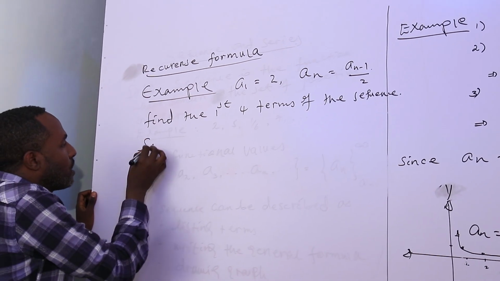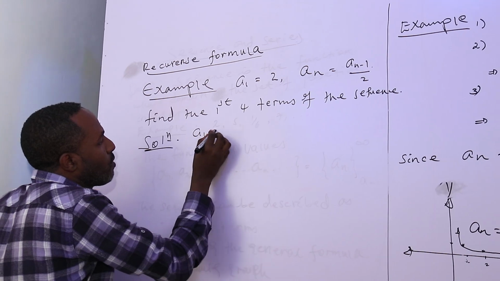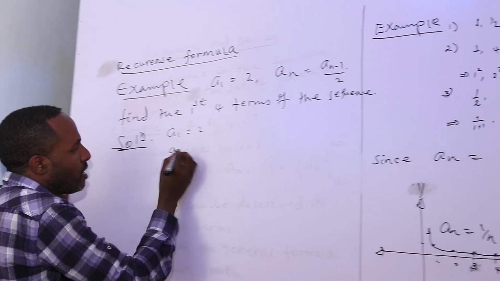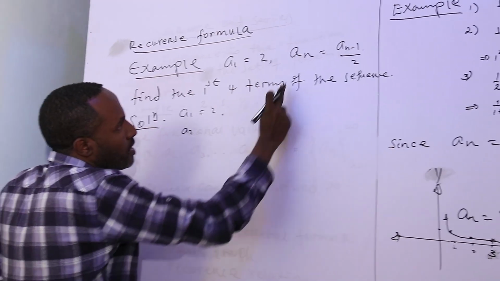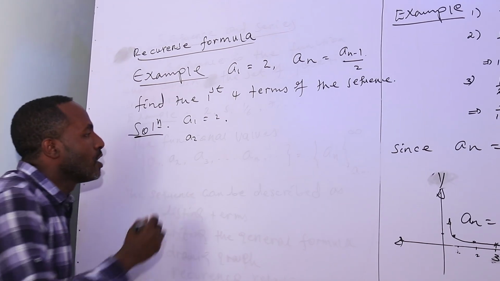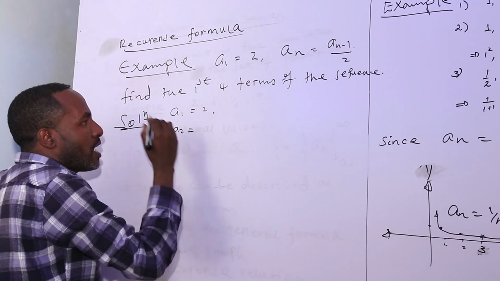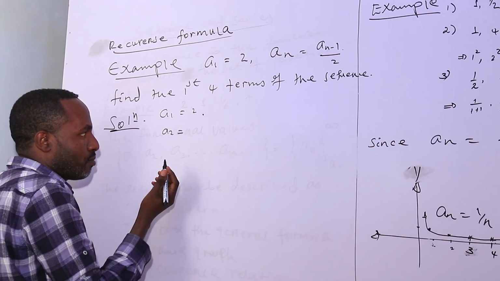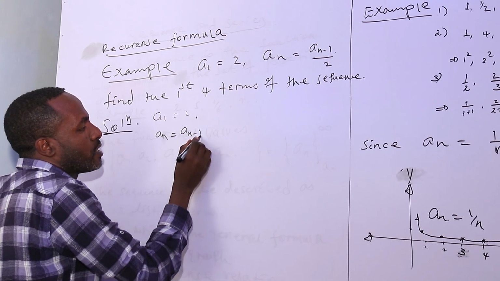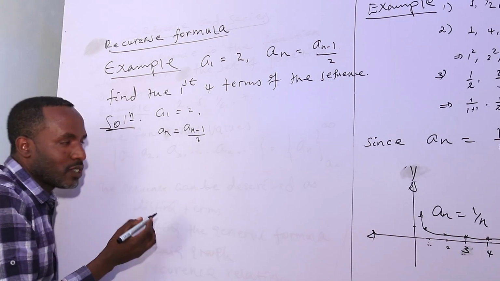As a solution here, given the sequence A1 is equal to 2, and the formula is given a_n equals a_(n-1) over 2. So A2 is equal to, using these recurrence relations, a_n means a_(n-1) over 2 as defined here.